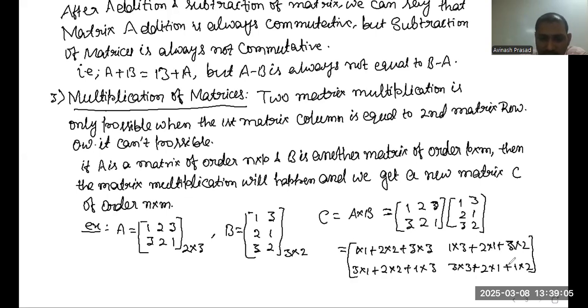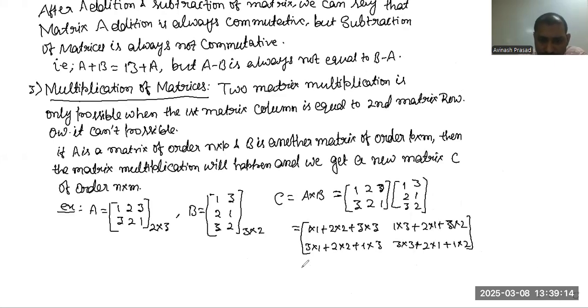After calculating it, we get a new matrix whose elements are 1 plus 4 plus 9, that means 14. Again, 3 plus 4 plus 3, so 10. Then 3 plus 2 plus 6, so 11.